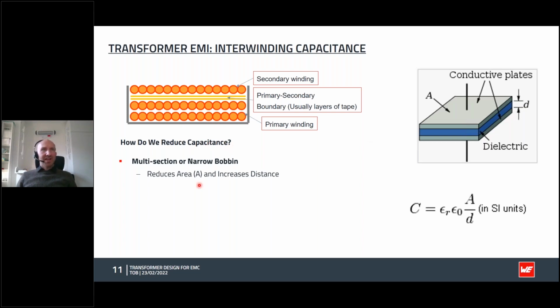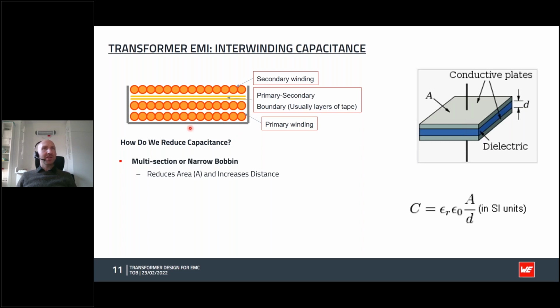Well, we can reduce the area. So how would we do that? Well, we could use a narrower bobbin, a narrower winding window here. So if we were to move this wall of the bobbin in this way, we would reduce this area of overlap. Of course, we have less room in there, so it's not so easy to do. Then we can use a multi-section bobbin.